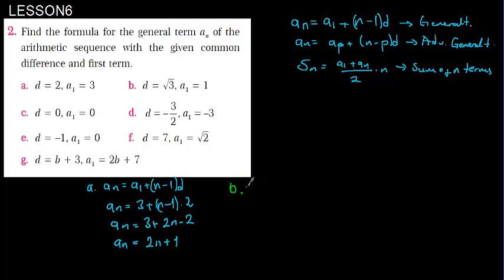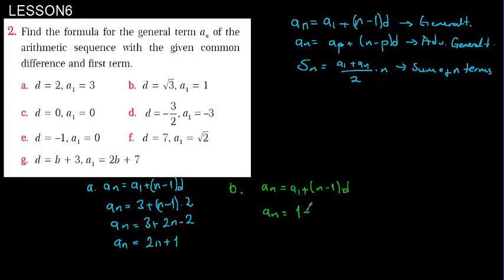Okay, the second one, b. an is equal to a1 plus n minus 1 times d, which is 1 plus square root of 3 times n minus 1. I made a mistake here.